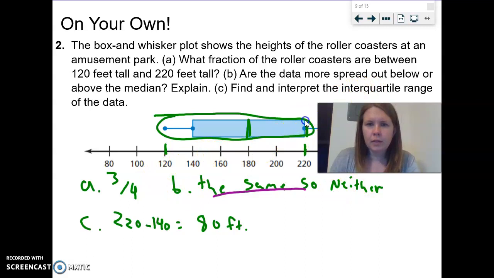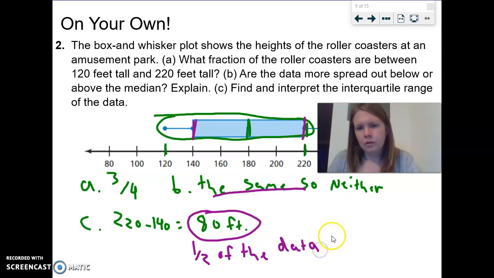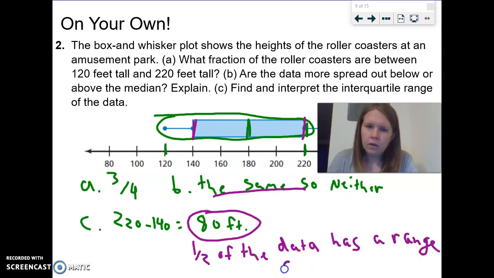And then your last one is finding and interpreting your interquartile range. So that's from the higher part of the box to the lower part of the box. So I take 220 minus 140, you get 80 feet. So basically what it means is that 1/2 of your data has a range of about 80 feet.